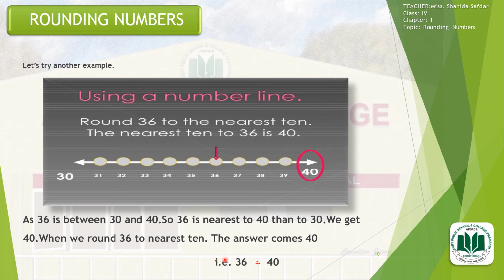My dear students, we have learned two methods of rounding numbers to nearest 10. The first method is according to the poem, and the second method is by use of number line.